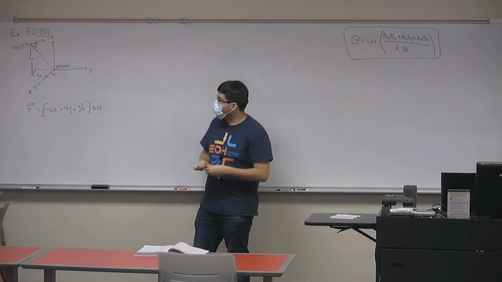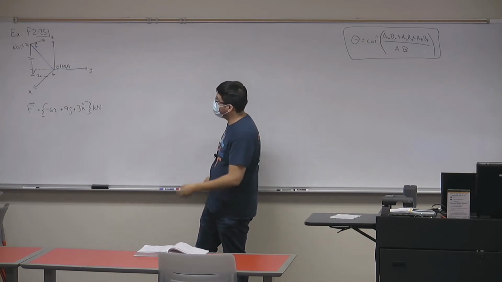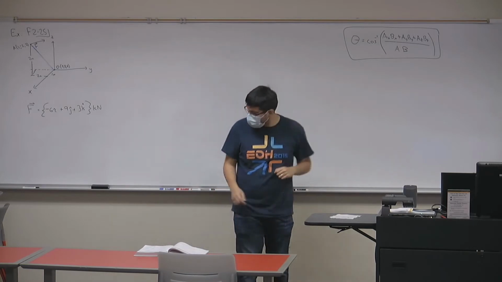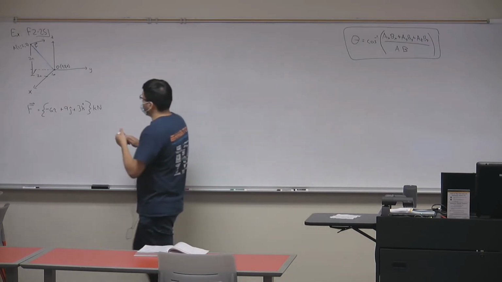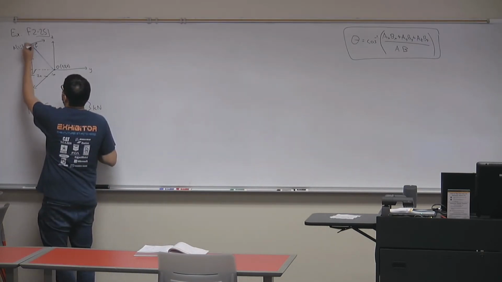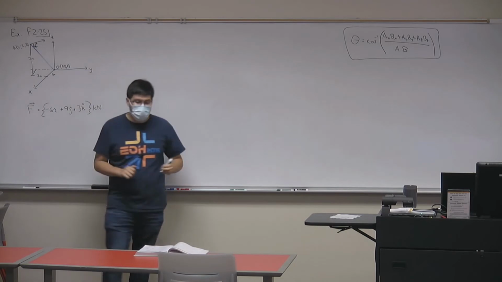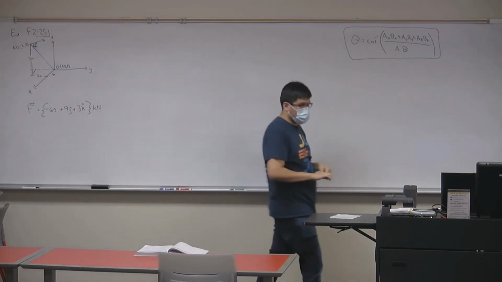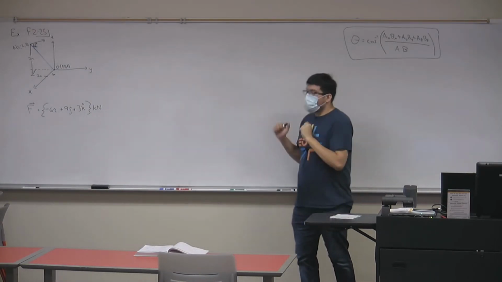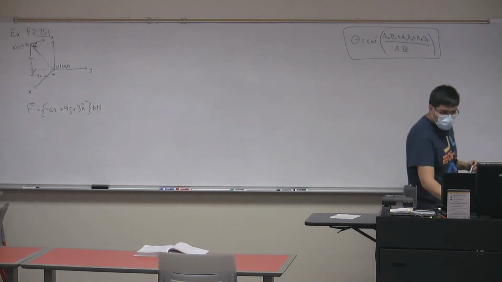So if we draw an imaginary line from point A to point O, I want you to tell me what the angle between my force F and my line is. With this information that I've given you, can we solve this problem?